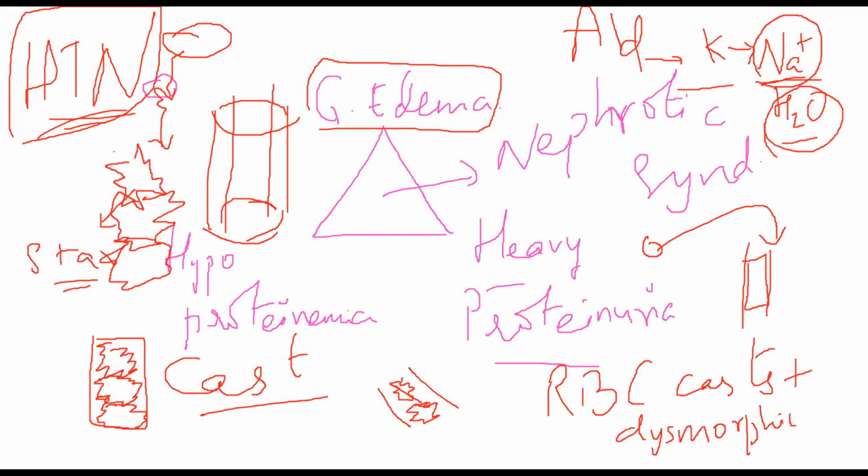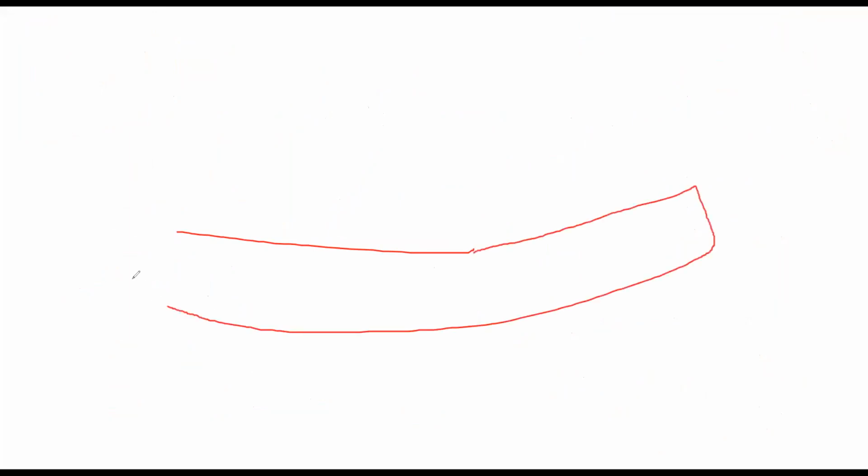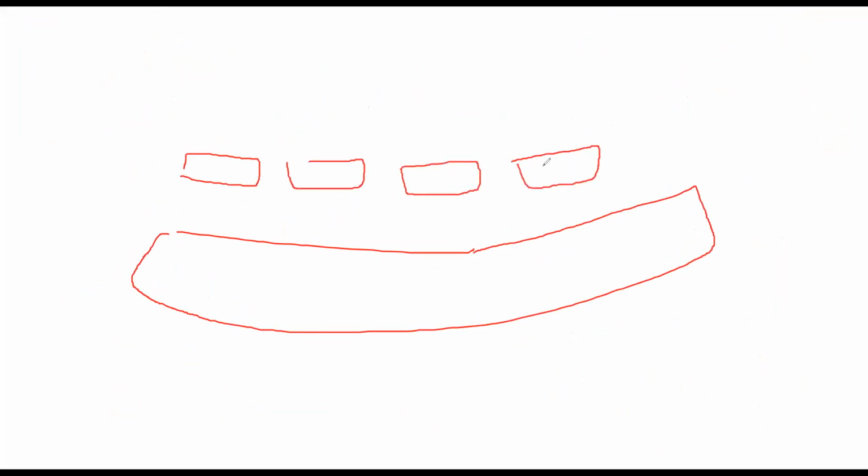So those fenestrations which were created in your, let's suppose this is your GBM, one second, and this is the endothelium that was present here, and these are your podocytes.